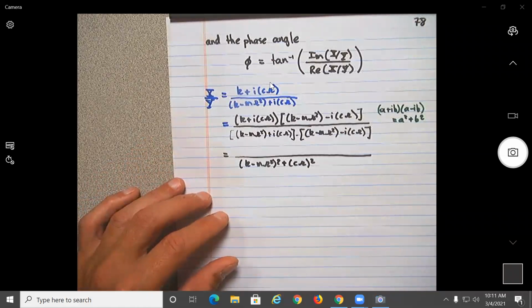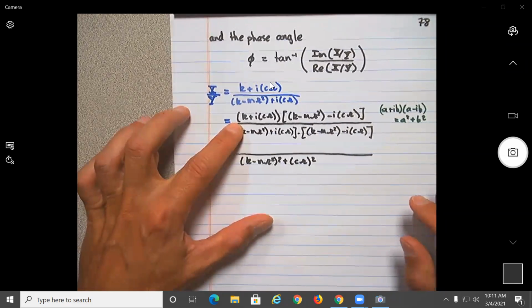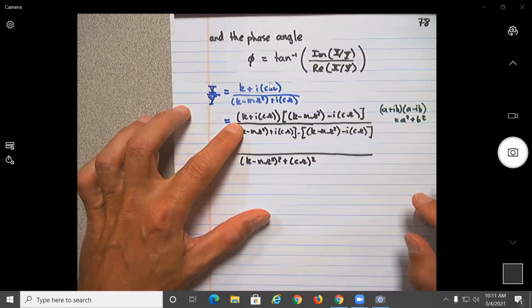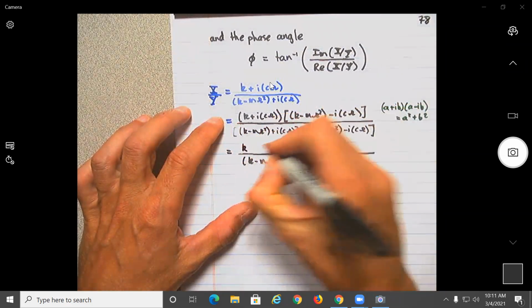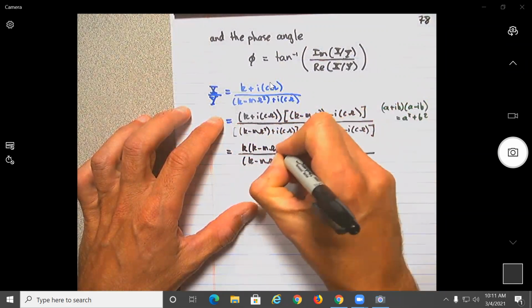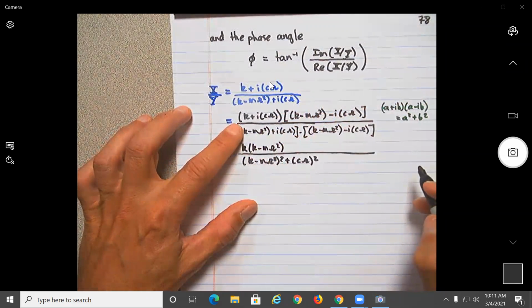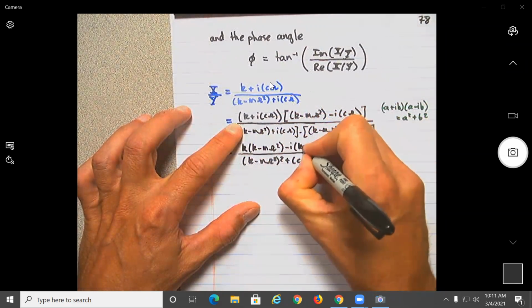So on top, we're gonna have a lot more terms. So on top, we're just gonna have k of k minus m capital omega square minus I of k c omega.